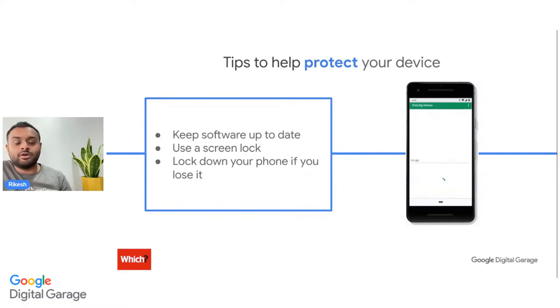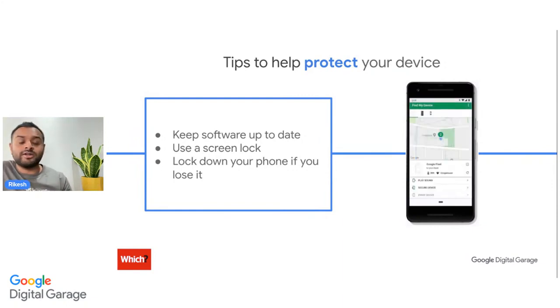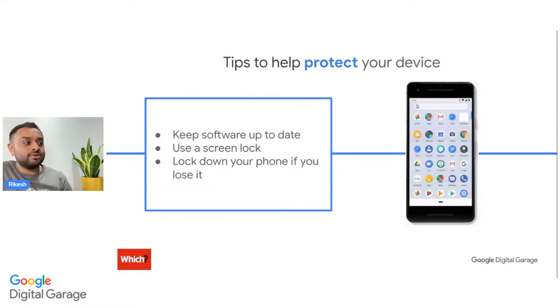Then the phone manufacturers and the software providers for your smartphones will provide fixes and patches for them, so we want to make sure that we're keeping up to date with them.